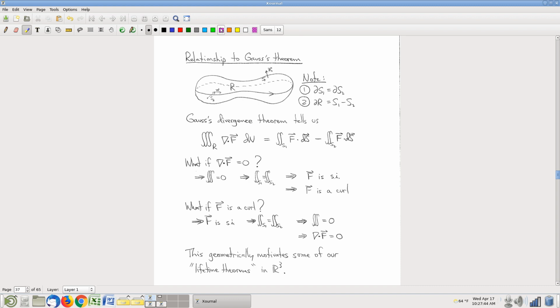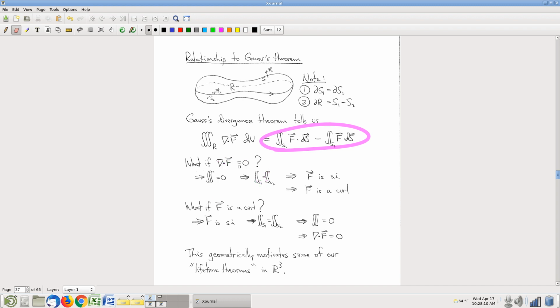What do you suppose would happen if the divergence were zero? Well, if that integrand is zero, that means that triple integral is always going to be zero. And that means this other side of the equation is always going to be zero. Namely, a difference is zero, which means those two things are the same. Wait a second.